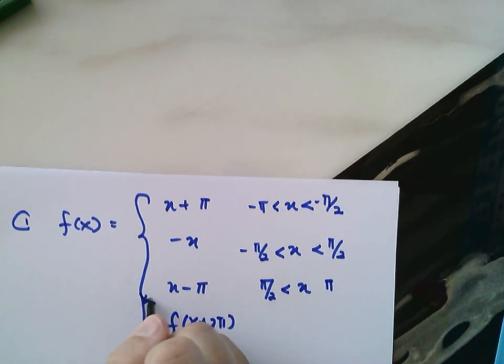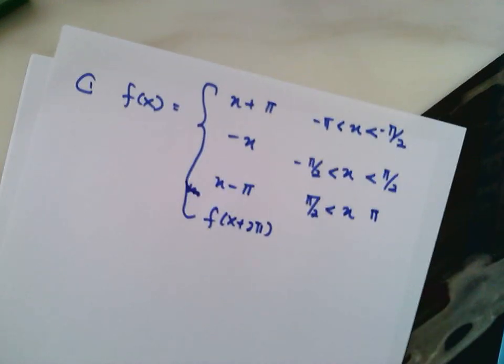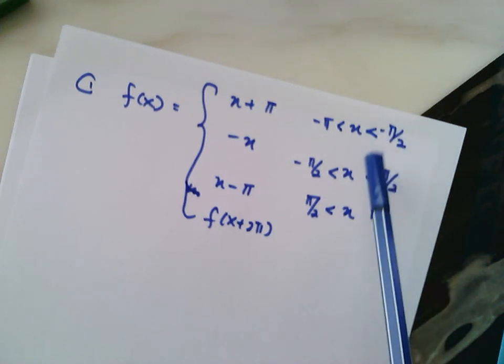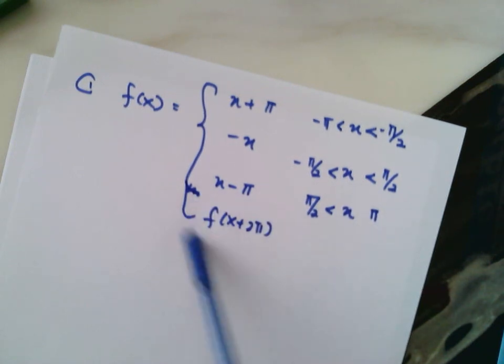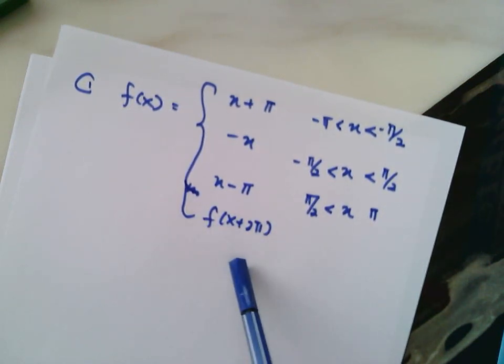For you to sketch the graph, you just have to take a look at the functions that have a range. So you just have to consider first this one and this one. The other part I will explain when we are going to solve Fourier series; it is not needed for sketching.